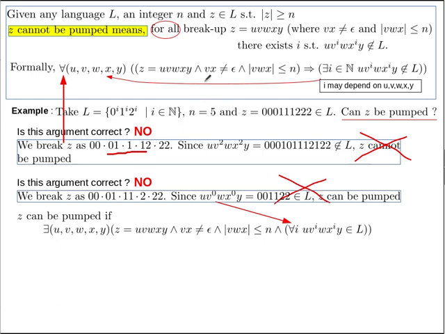So it satisfies this constraint, and vx is obviously not empty. So these two extra constraints you have to satisfy, and then you will show that there is some i for which this is not in L, but that you have to do for all breakups, right, with this constraint.